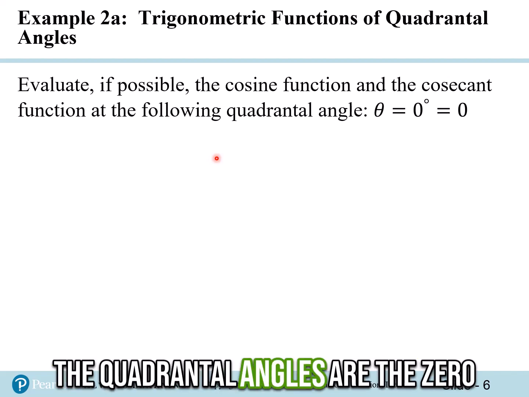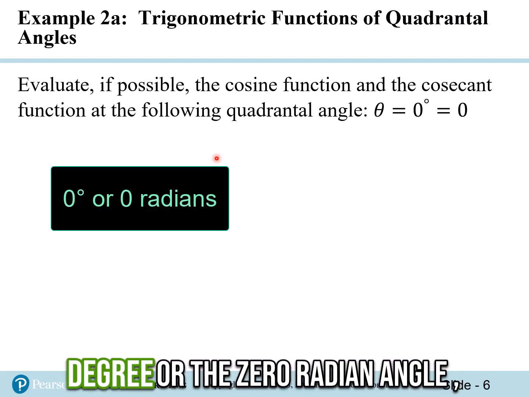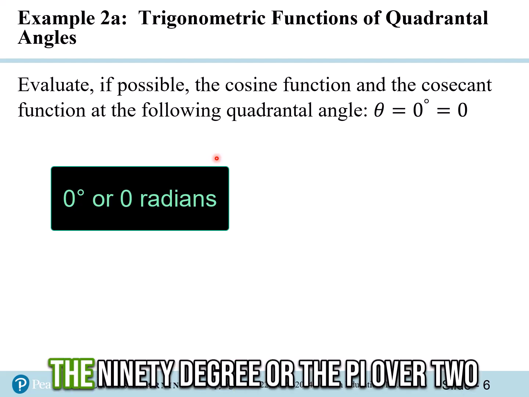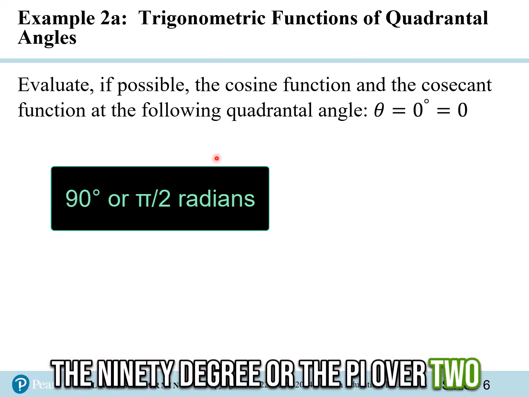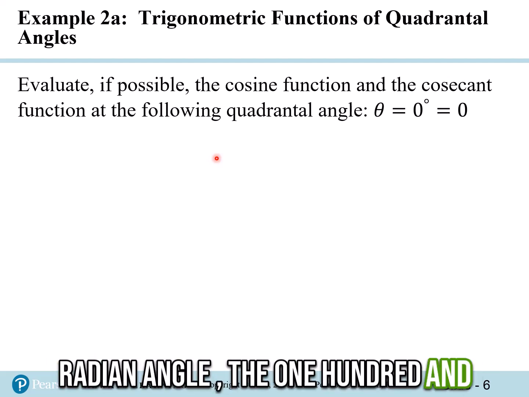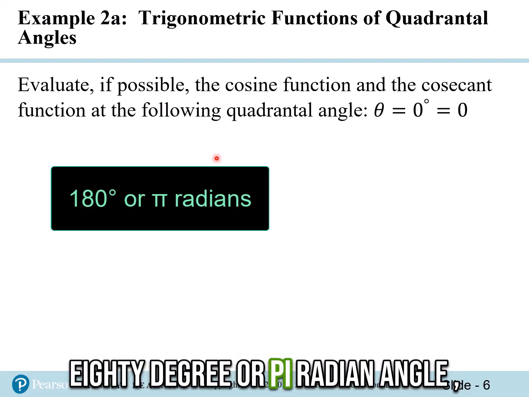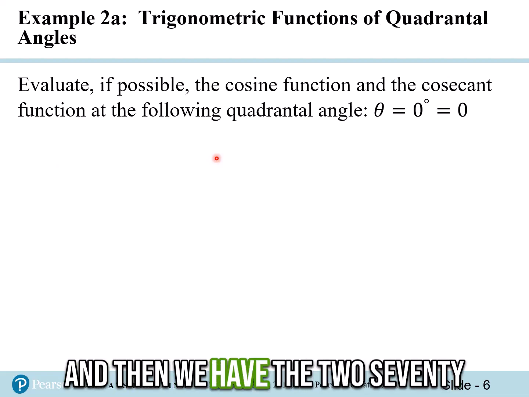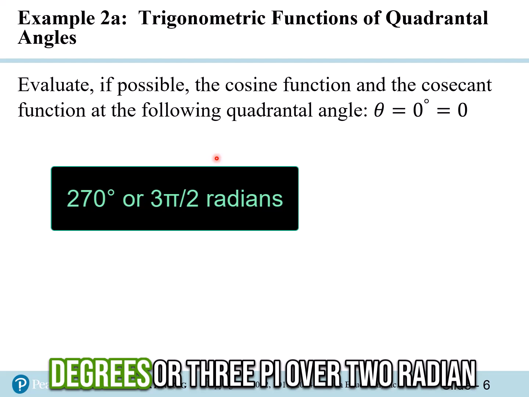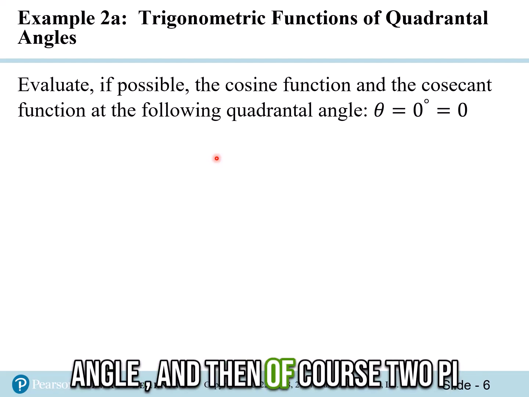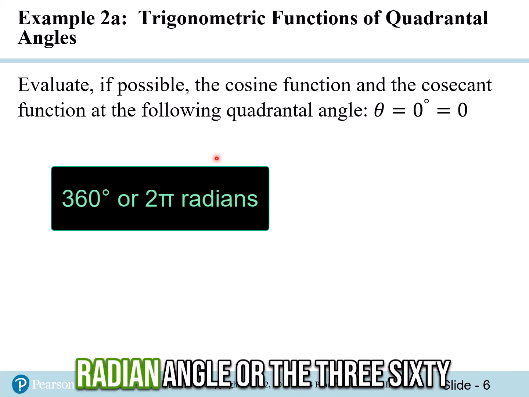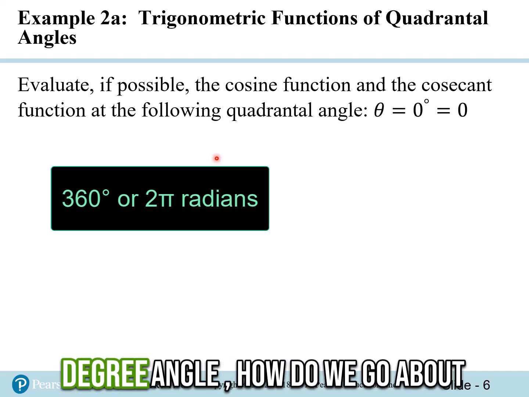The quadrantal angles are the 0 degree or the 0 radian angle, the 90 degree or the pi over 2 radian angle, the 180 degree or pi radian angle, and then we have the 270 degrees or 3 pi over 2 radian angle, and then of course the 2 pi radian angle or the 360 degree angle.